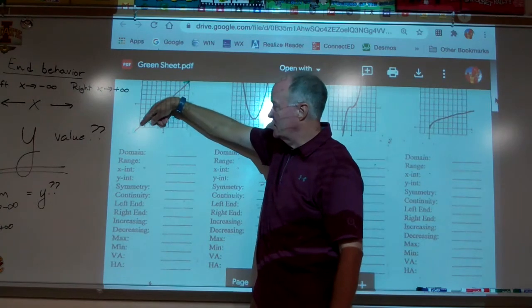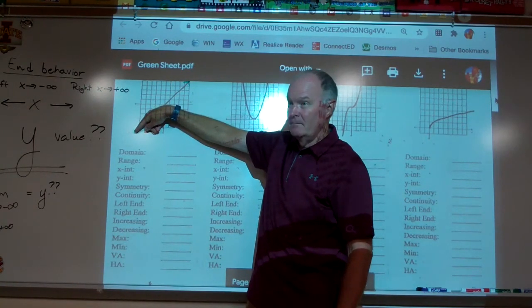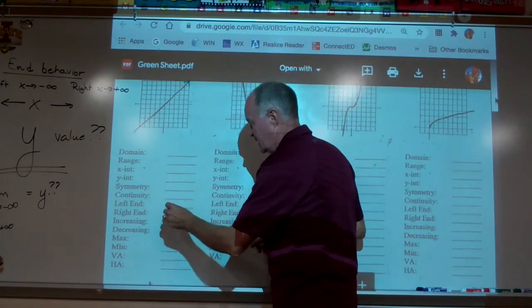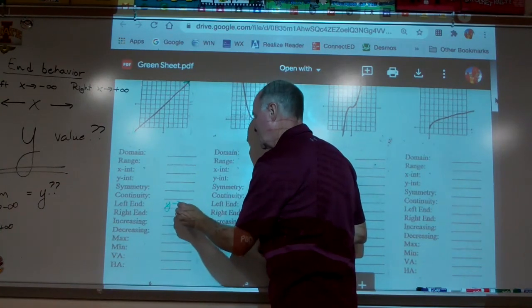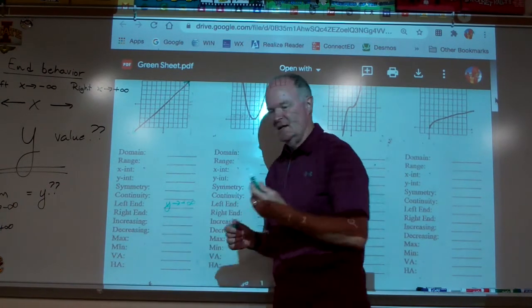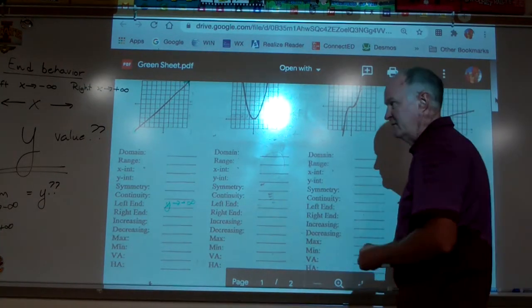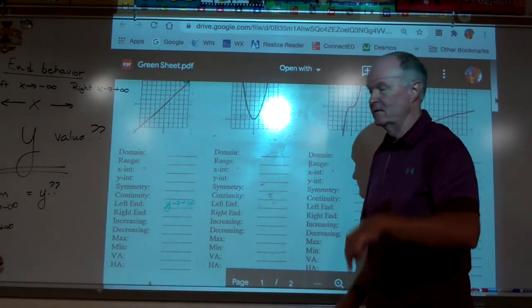So I go all the way to the left and hit an arrow on the bottom. So as I'm going to the left end, I want you to write y is approaching negative infinity. The y value is going to negative infinity, going down.